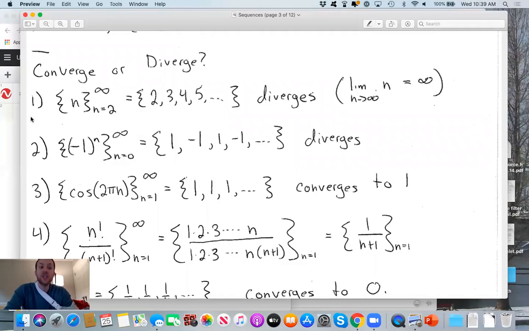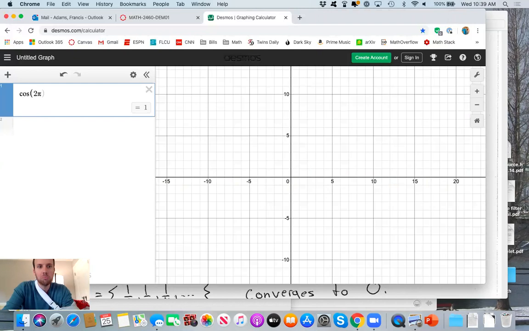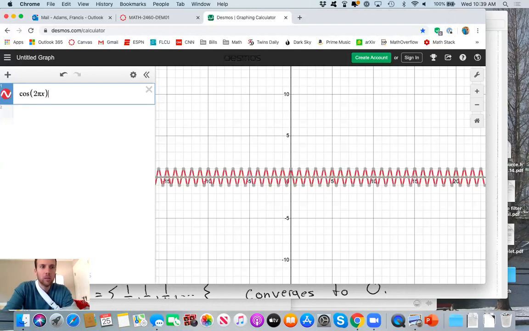Now, if we graph this function, cosine of 2 pi x, the 2 pi kind of compresses it, but we still have this oscillation. So if we look at this function and look at its limit as x goes to infinity, that limit doesn't exist. That's something that we've seen before. The function is oscillating, so the limit as x goes to infinity doesn't exist.